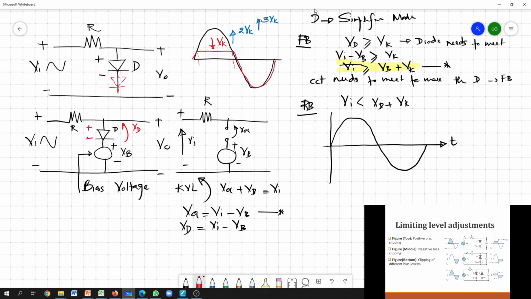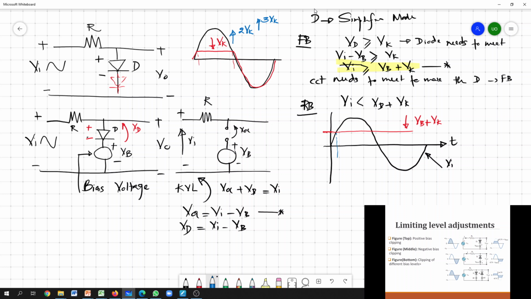Let's assume this is your VB plus VK, the biasing voltage plus the knee voltage. And this is your input, V in.